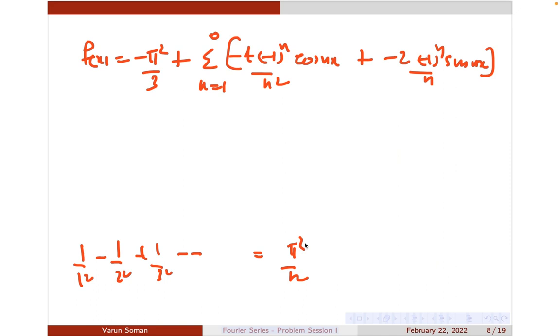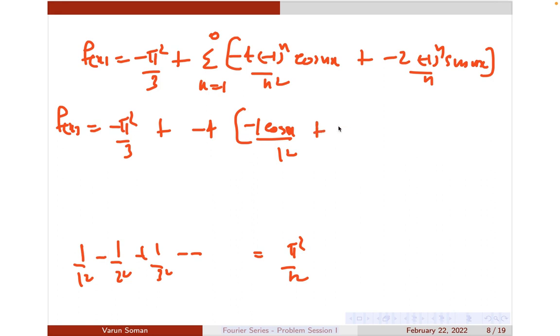So before we do that, let us just expand it a few terms so that we can understand the series. So this is actually f of x is equal to minus pi square by 3 plus, if I just expand it, it will simply be minus 4, I can take it outside. So it will be minus 1 raised to n cos nx. Okay, so when it is 1, it is minus 1 cos x by 1 square, and when it is 2, it is minus 1 square, it is 1.